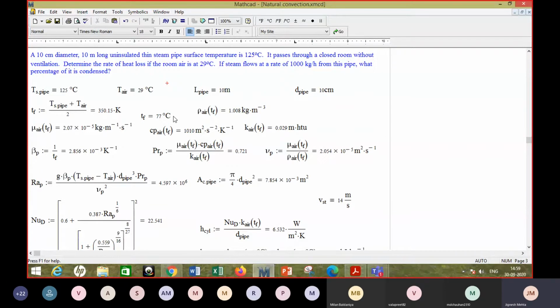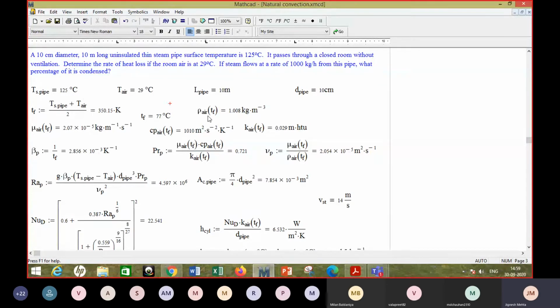So it's 77 degrees Celsius, right? Okay, so at this temperature, you may use 75 or you may use 80. And if you have enough time, you can even do the interpolation between 70 and 80.